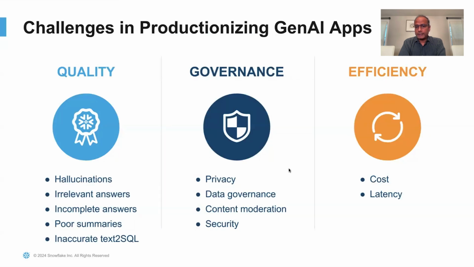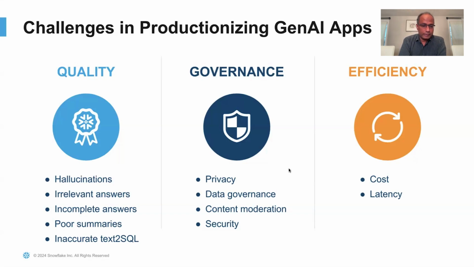In order to productionize generative AI apps, there are several challenges that we need to address around quality, governance, and efficiency of these applications. When we look at applications such as question answering systems, we have to guard against hallucinations, ensure that answers are relevant and complete, that summaries are of a high quality, and also in certain kinds of applications, guard against inaccuracies, for example, in going from text to SQL.